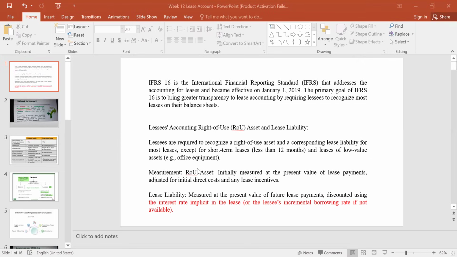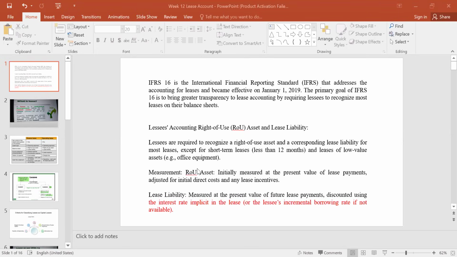So you have to consider first the lessor. Lessor means owner and lessee means user. So the lessor gives the right to use the leased property to the lessee under this agreement. But the lease term must be more than 12 months.